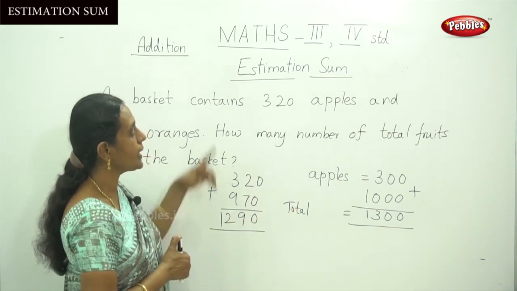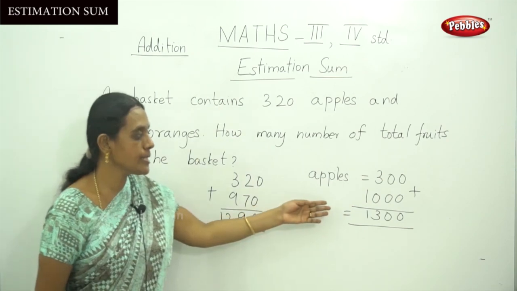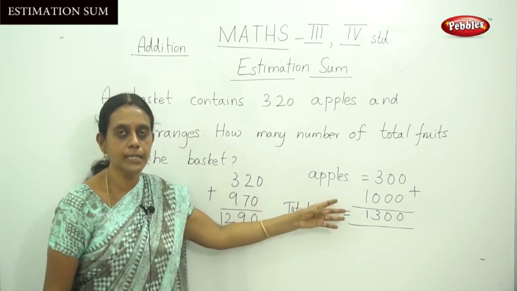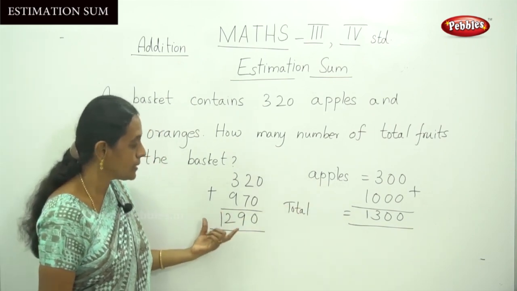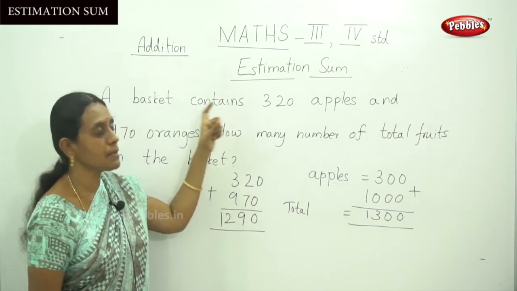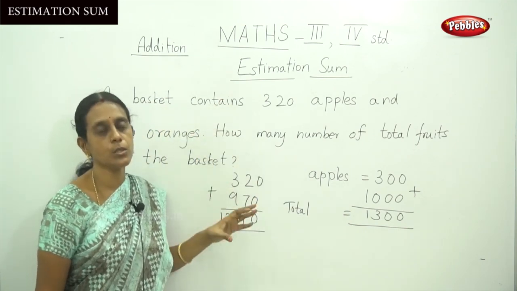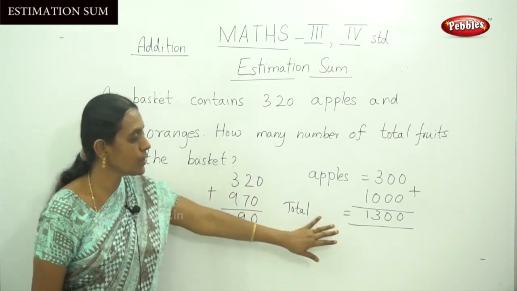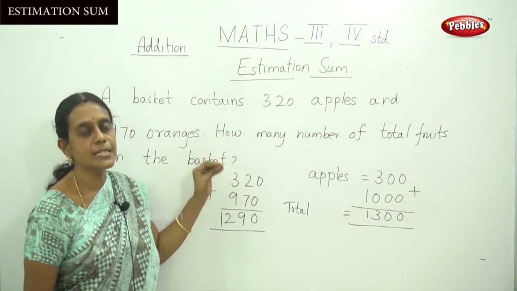So this is called estimation sum. Because this calculation takes only a few minutes, and there is no big change between the real answer and the estimated value. So estimation sum is for speed calculation, and it saves time also. You can do this by the rounding off method and add simple numbers.